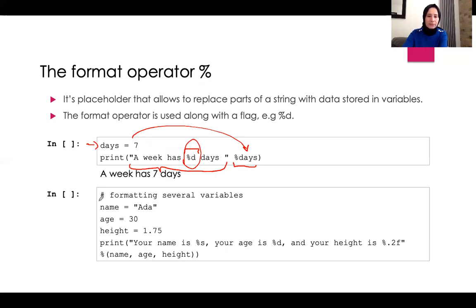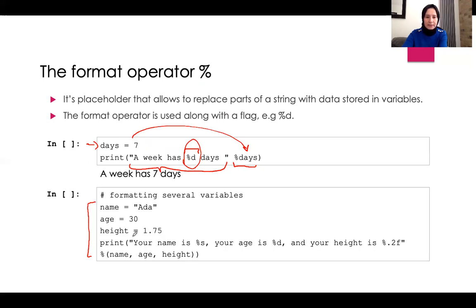And also we can format several variables. So look at this example here. We have several variables: name, age, height. And as you can see, guys, their types are different. The name is a string, age is an integer, and height is a float number.